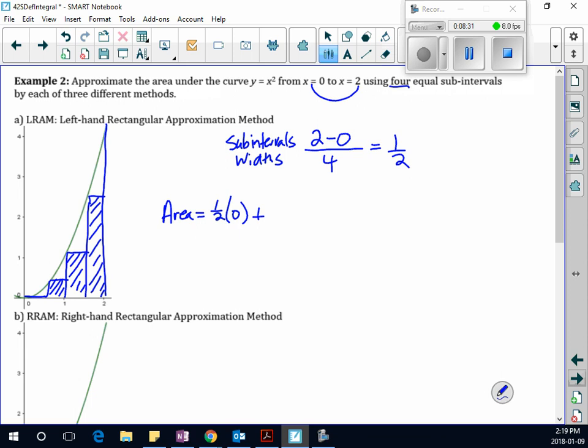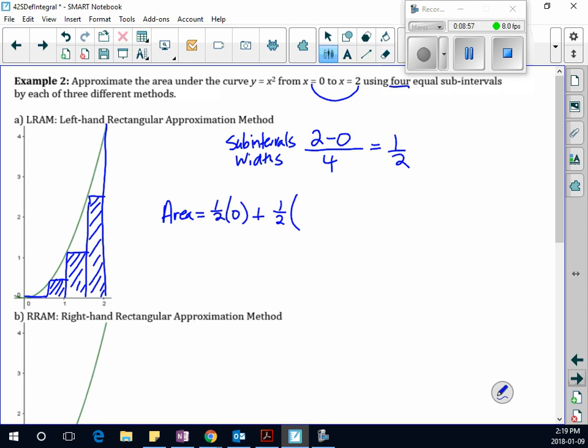Plus, what's the width here? 1/2. What's the height there? How do I figure out that height there? It's not a height of 1. It's what's in between 0 and 1 squared. What about that first one? Does everybody understand this curve is the x squared curve? You should be able to figure out the height there.